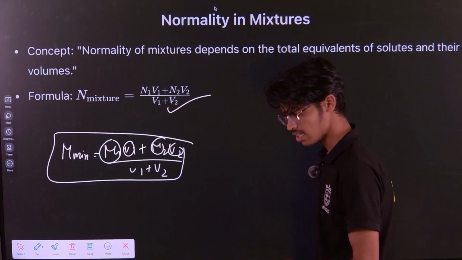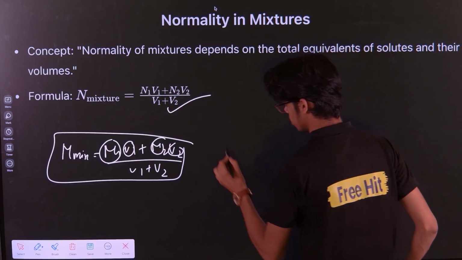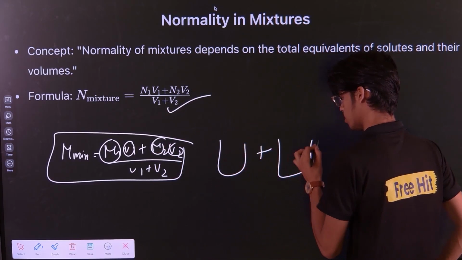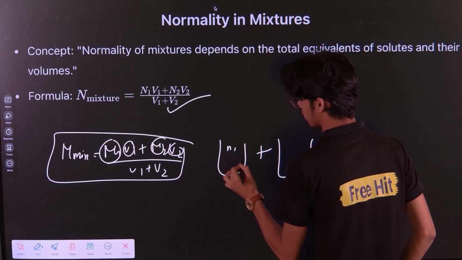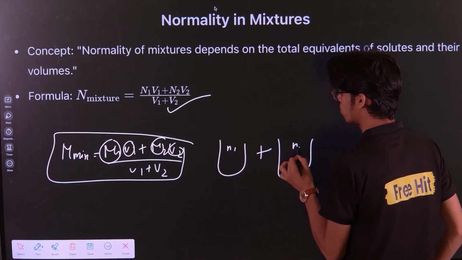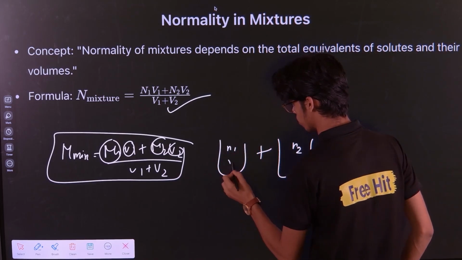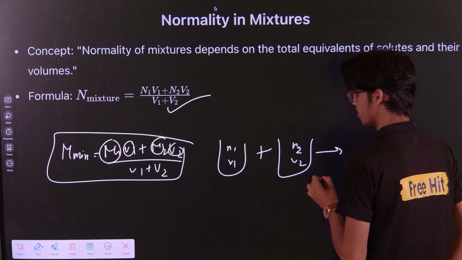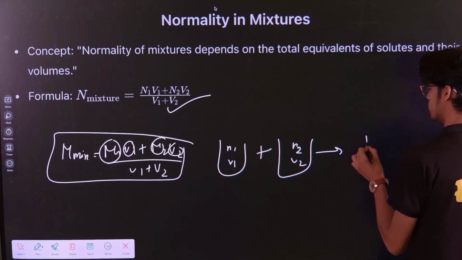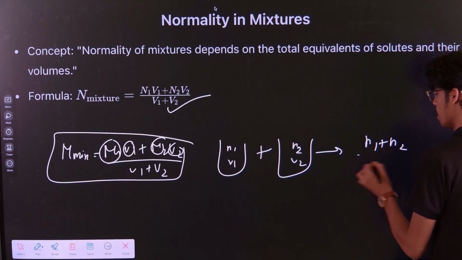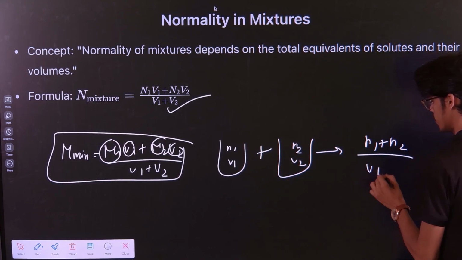I'll tell you the proof also. Two containers are there. In these, N1 equivalent moles and N2 equivalent moles, not normal moles, with volumes V1 and V2. If you add them, the number of moles will get added, and the volume will also get added.